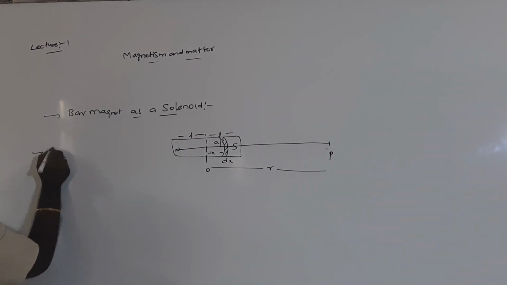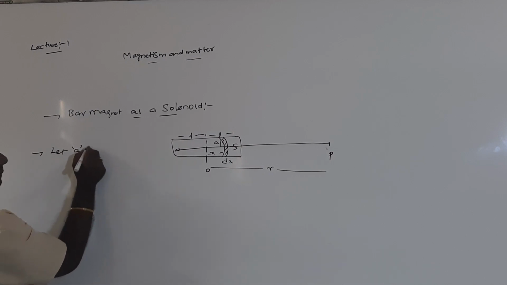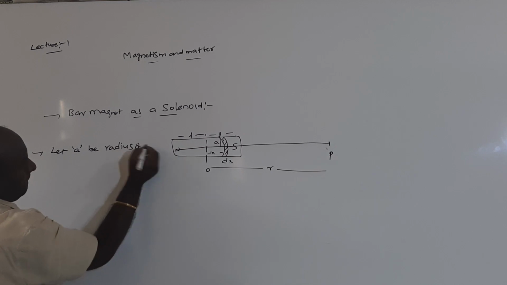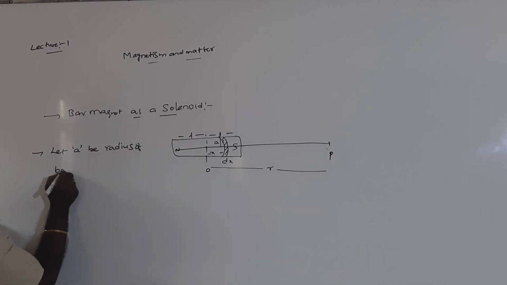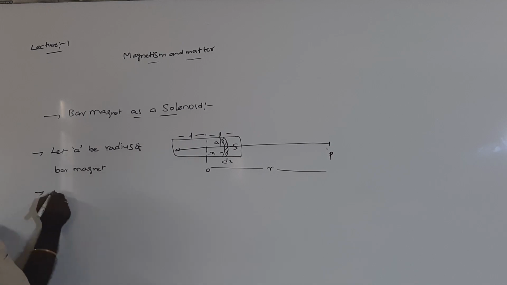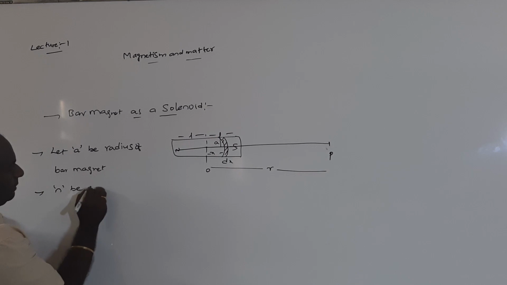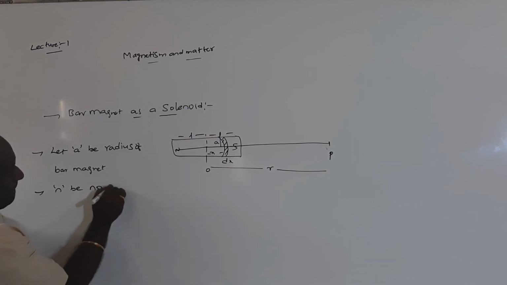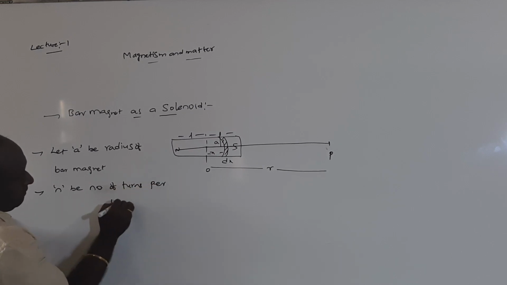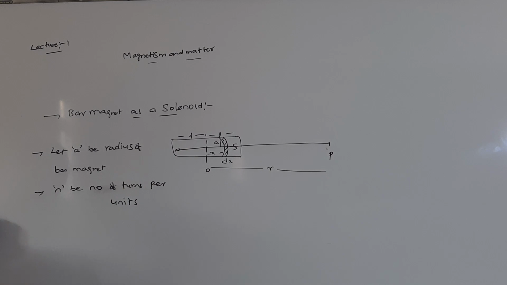Now I will write: let A be the radius of the bar magnet, and small n be the number of turns per unit length.